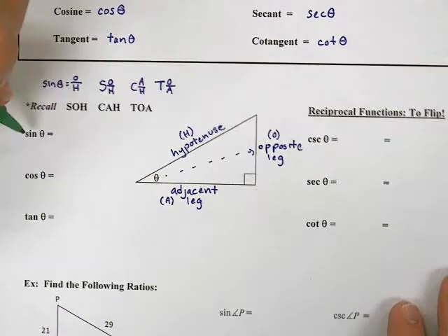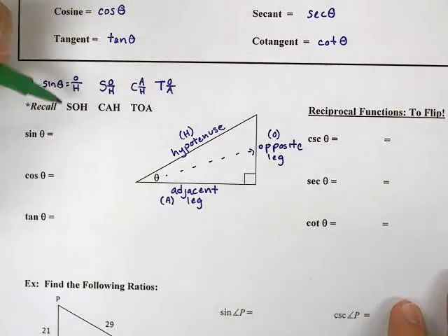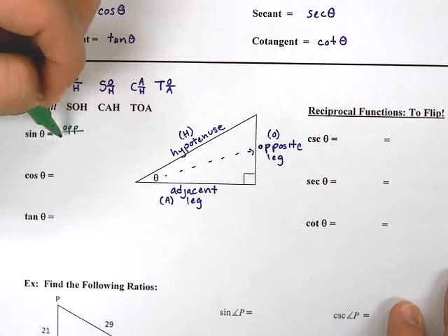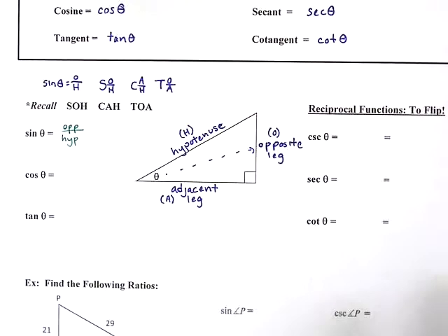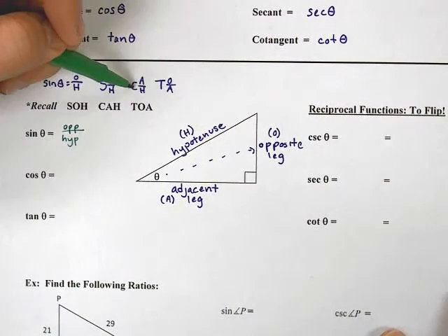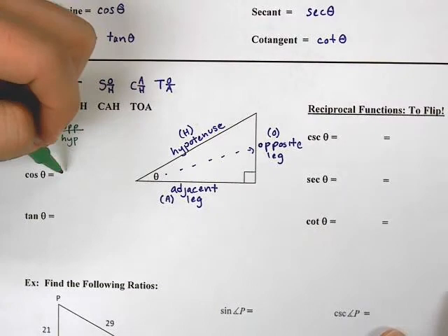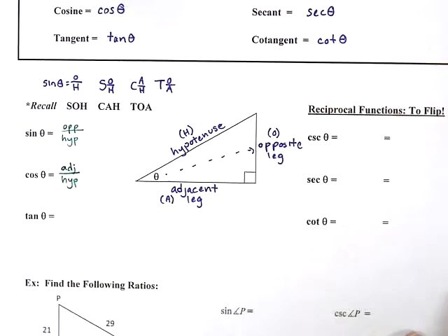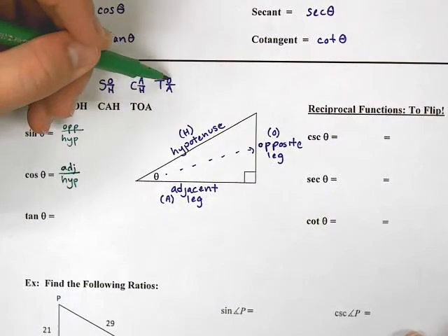So now we know that the sine is always going to be the opposite over the hypotenuse. Cosine, which we see is right here, A over H, means adjacent over hypotenuse. And lastly, tangent, opposite over adjacent.